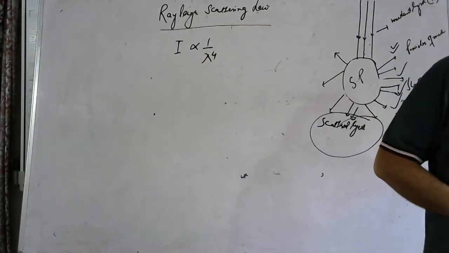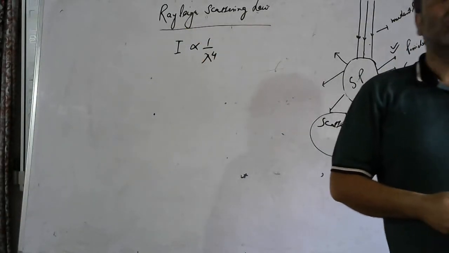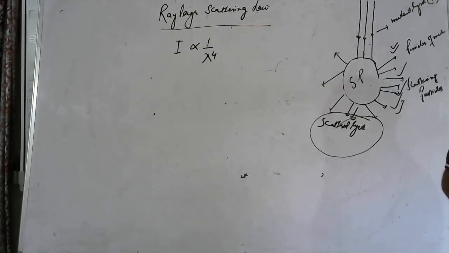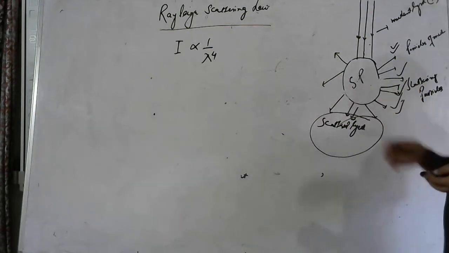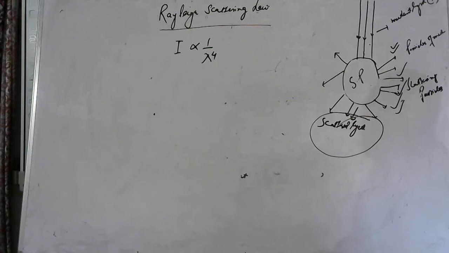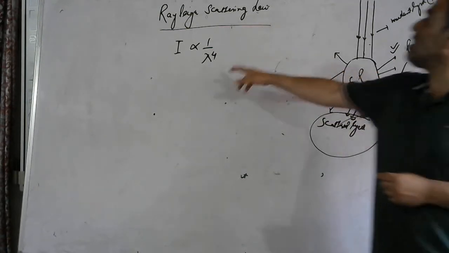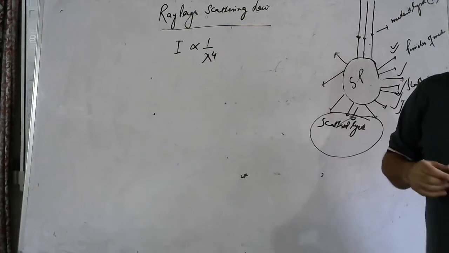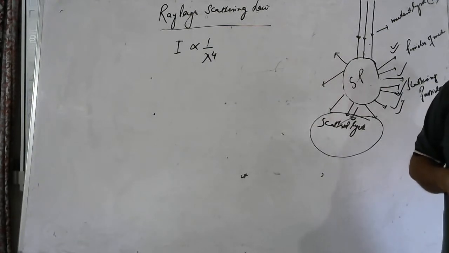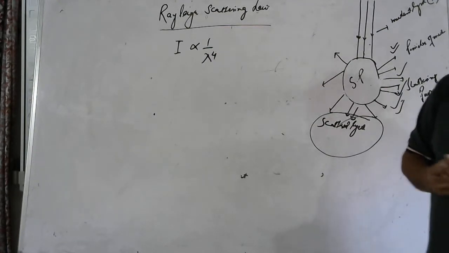जो रेले स्कैटरिंग लॉ है, ये क्या कहता है? जो स्कैटर्ड लाइट है, इसकी जो इंटेंसिटी है, that is inversely proportional to the fourth power of wavelength of incident light. यानी I is inversely proportional to lambda raised to power 4, where lambda is wavelength of incident light.